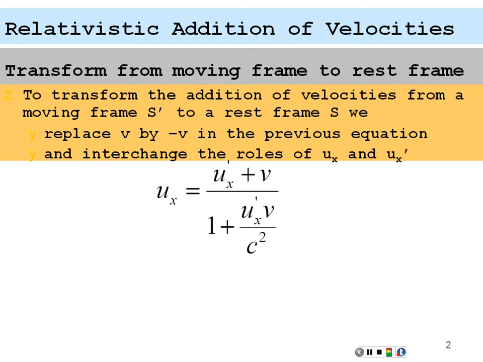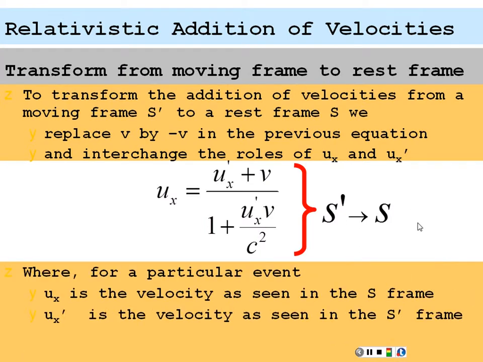So, going from a moving frame to a rest frame, the velocity in the rest frame is equal to the velocity as measured in the moving frame plus the relative velocity between frames, over 1 plus the velocity in the moving frame times the relative velocity divided by c squared. So we just replace v by negative v and interchange the roles of the events from moving frame to rest frame.